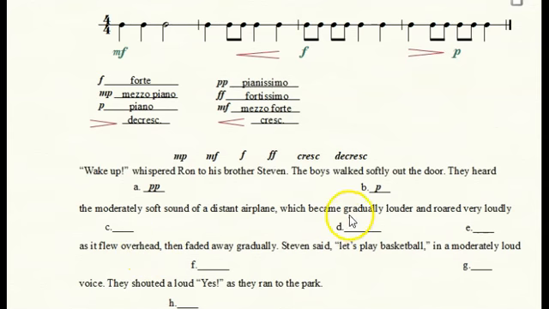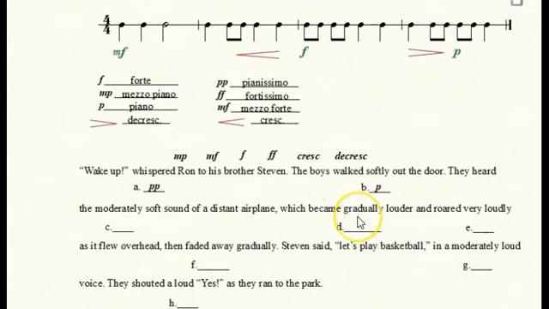Okay, so here we have three different lines. For our first one, we see moderately soft. Since it's moderately, we know mezzo means moderately and soft means piano. So here we can put our mezzo piano.